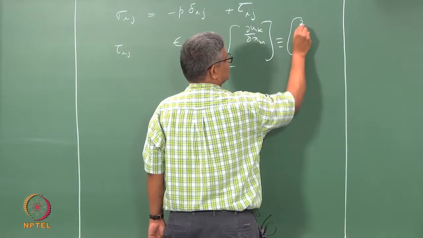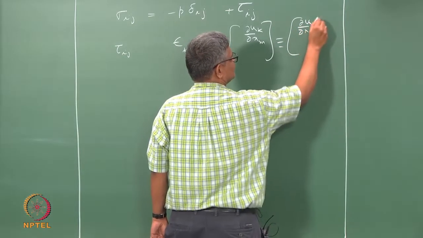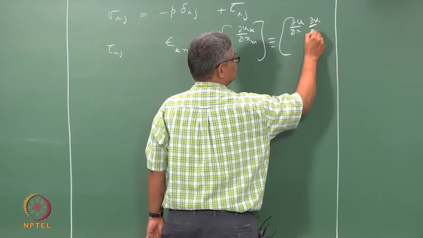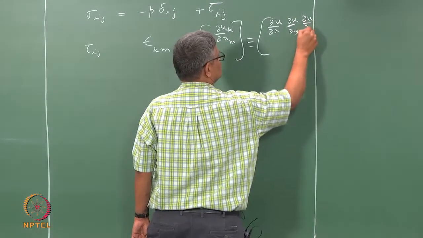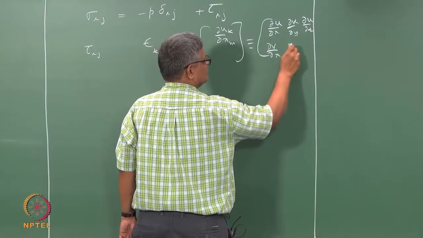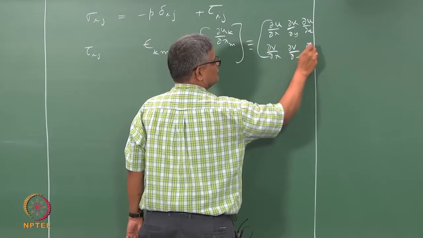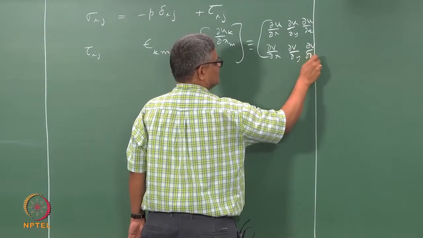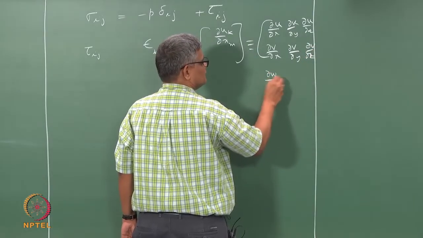So this can be written as dou u by dou x, dou u by dou y, dou u by dou z, and similarly dou v by dou x, dou v by dou y, dou v by dou z, and dou w by dou x, and so on.